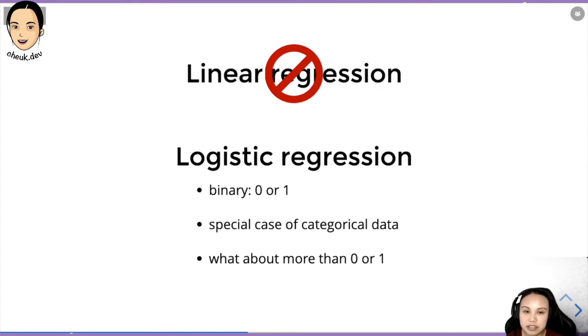Logistic regression actually does deal with categories. Its output, remember, is binary, 0 or 1. Binary 0, 1 is a special case of categorical data, because there are two categories, either 0 or 1. So it's fine.